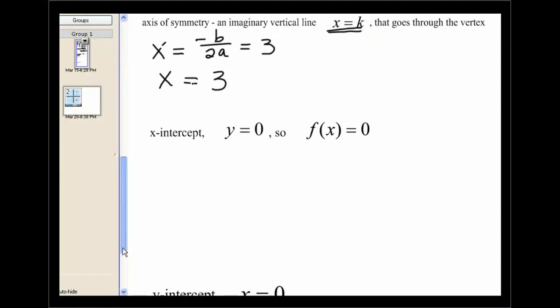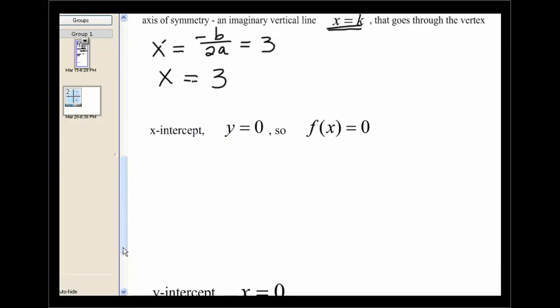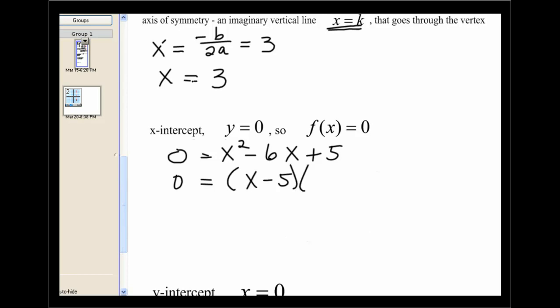Next thing we're going to find is the x-intercept, y equals 0. So substituting 0 for y, we have 0 equals x squared minus 6x plus 5. This will factor to x minus 5 times x minus 1.